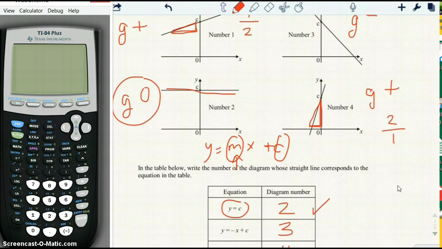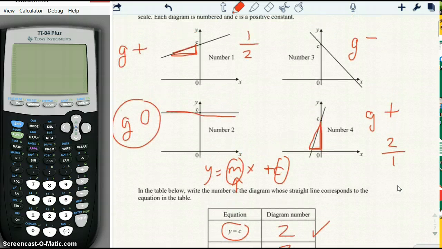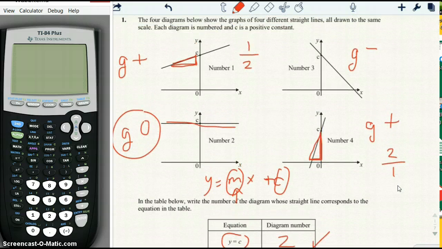Okay? And then when you look at slopes, even if you don't have exact numbers, you can look at this triangle and see that the rise here is actually going down. It's -1, and the run is like +1. So what would be the rise over the run?